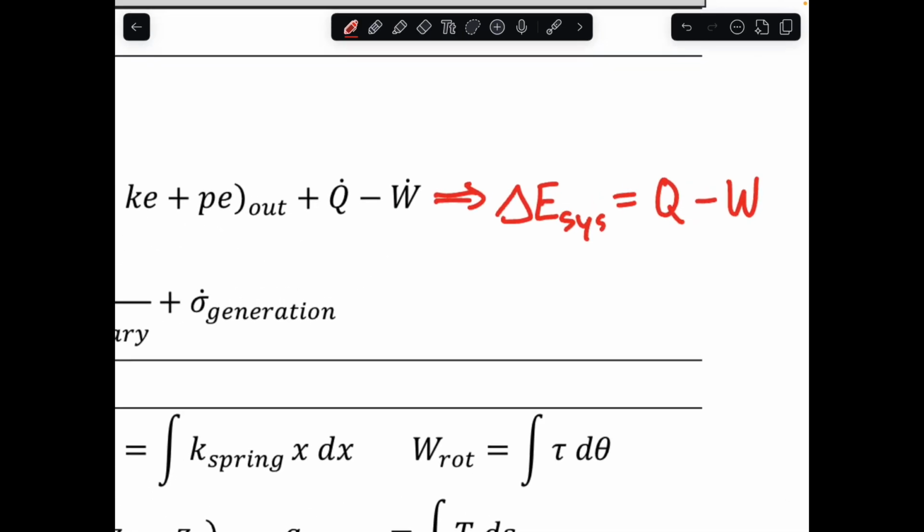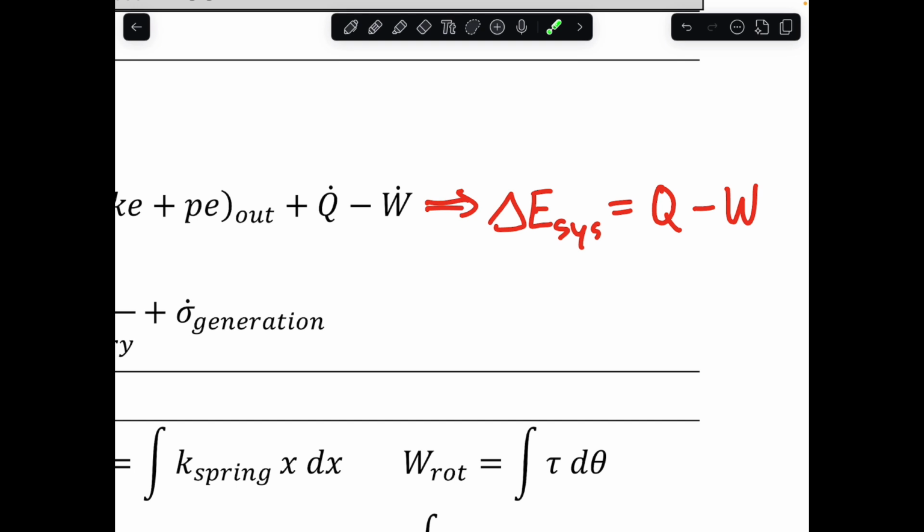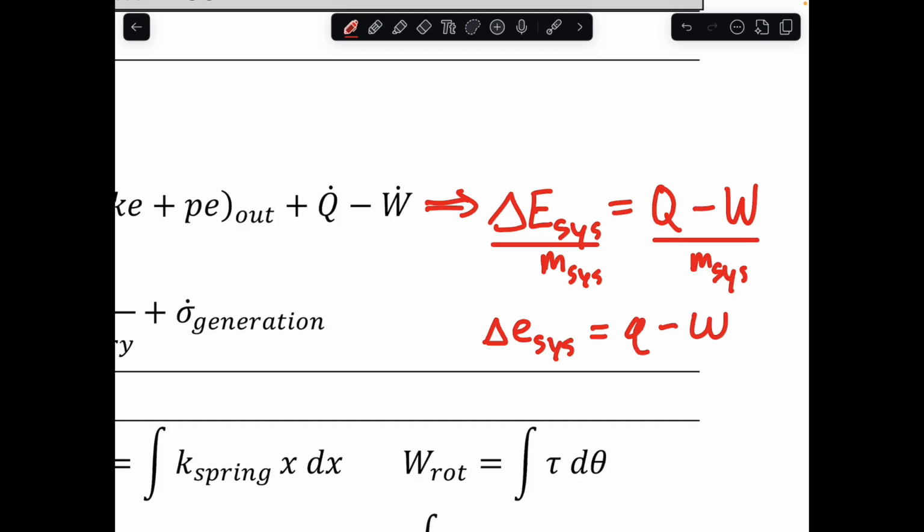And that's useful for us to do again here because they're asking us to find the specific heat transfer, not the total heat transfer. So if we just divide both sides here by the mass of the system, then we are left with the specific form of the equation, which is the change in specific energy of the system is equal to the specific heat transfer minus the specific work.